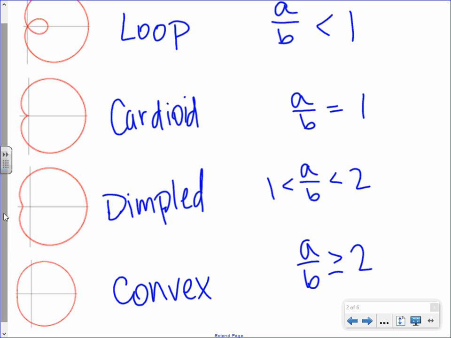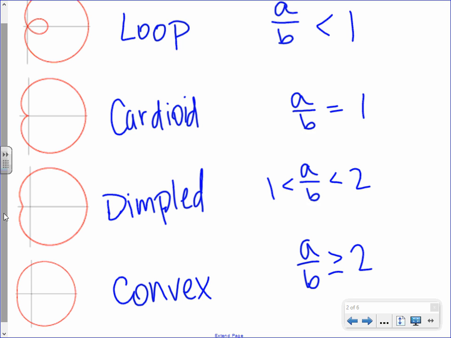Okay, so I will tell you something. These are the easiest to graph because we're going to plug in the 5 easiest data values. What you need to be able to remember for tomorrow and then next Thursday is which type it is. Now, do all of these go through the pole?